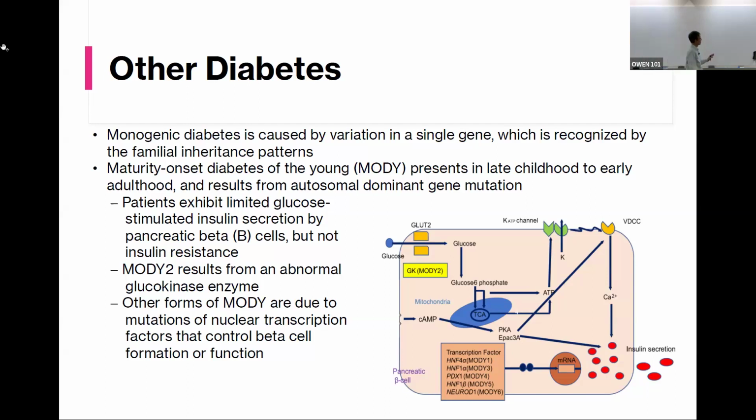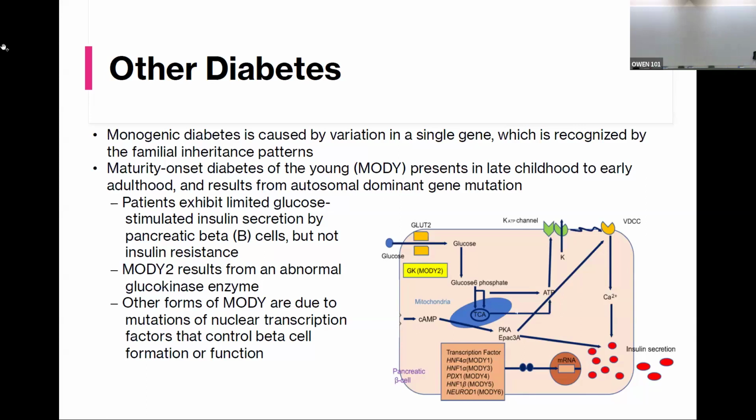So it's not too much related to genetics from parents and so on. This happens spontaneously due to mutation, and then you get diabetes, right?